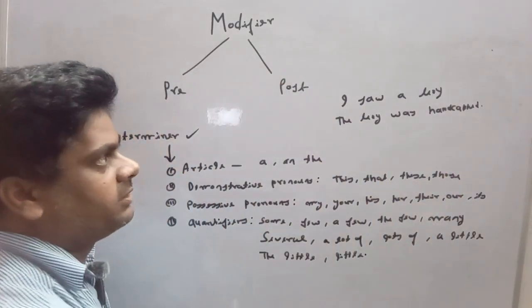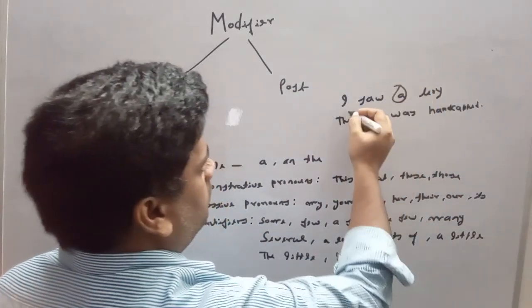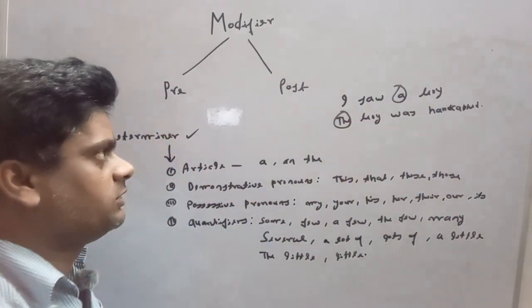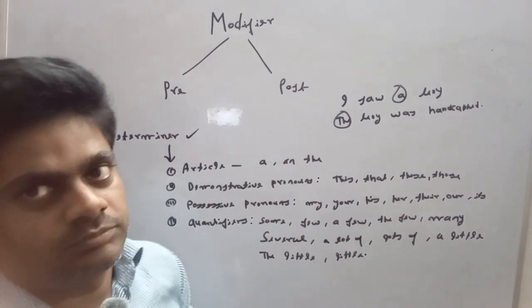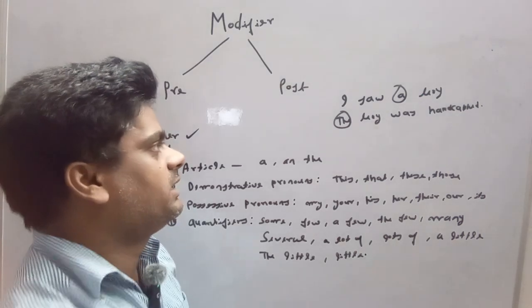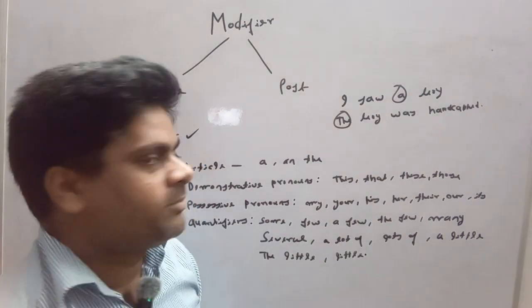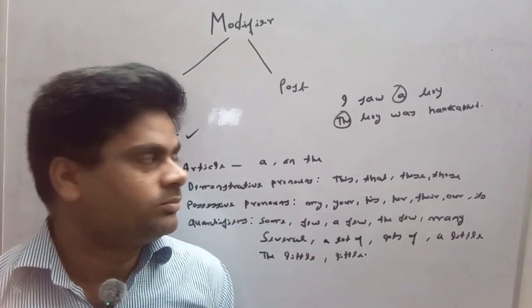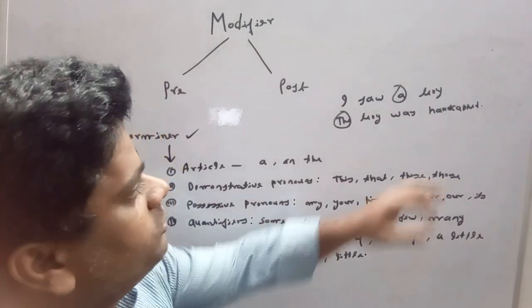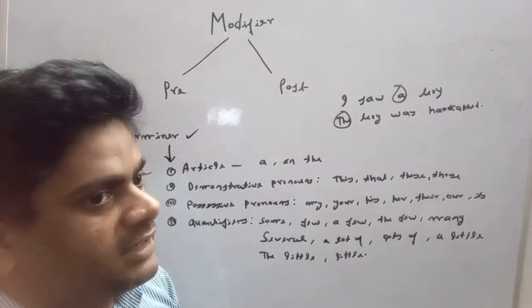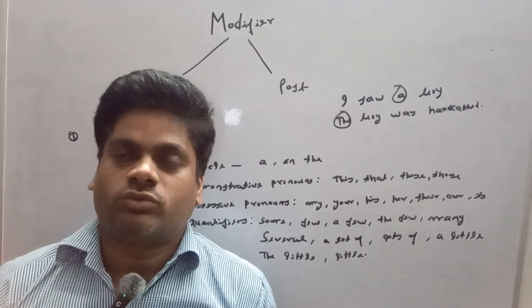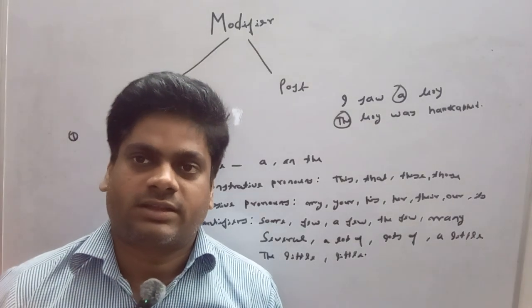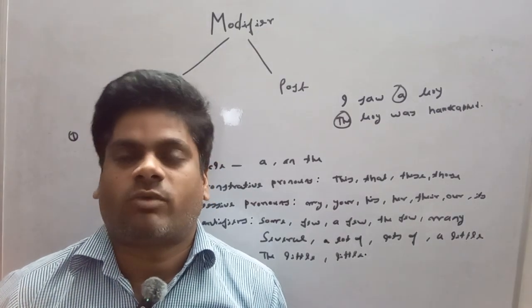I saw a boy. Here we have used article a because we are here not certain which type of boy we are talking about. So we have used article a, indefinite article. Here we cannot use definite article because we are not certain which boy we are talking about.